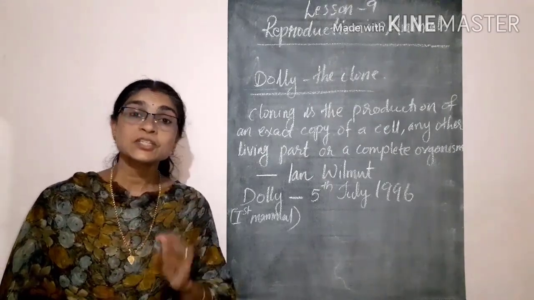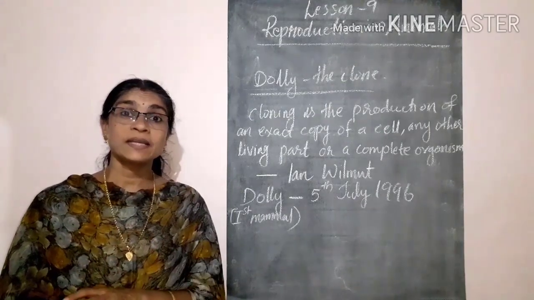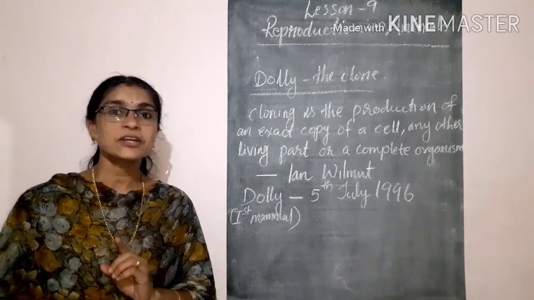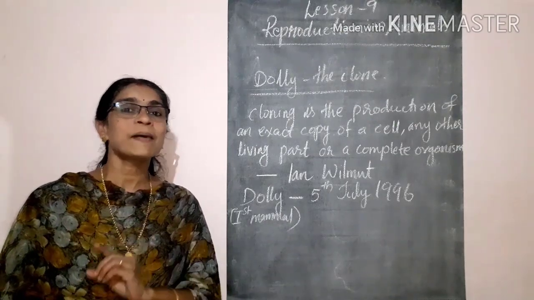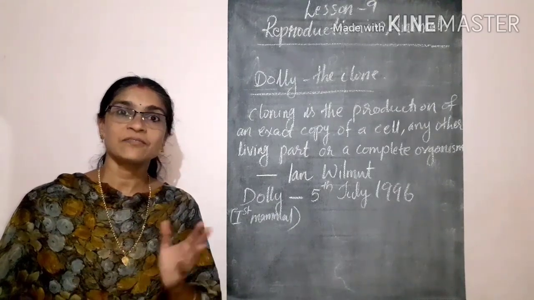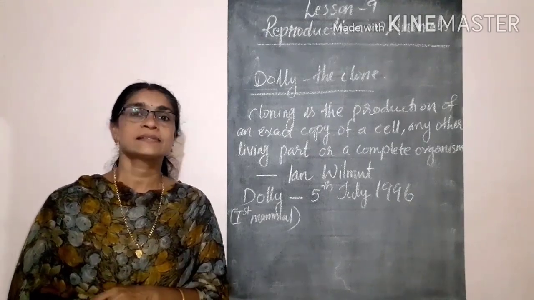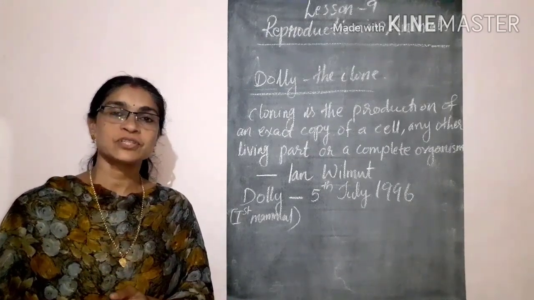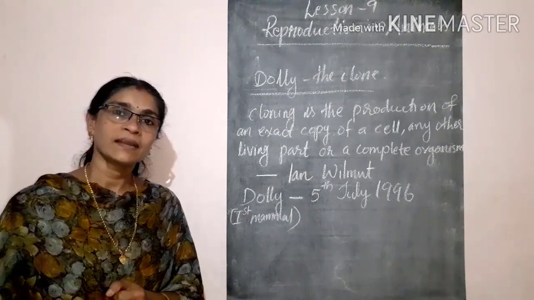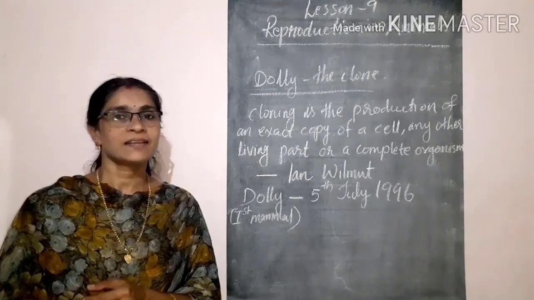Whereas asexual reproduction is performed by a single parent. Here we saw sexual reproduction in man, frog, fish, hens, and asexual reproduction in amoeba, hydra, etc.